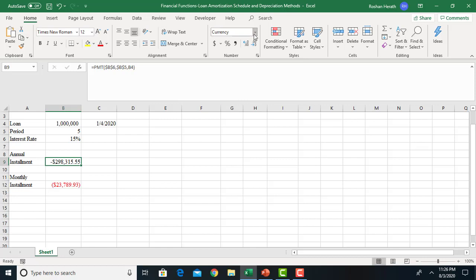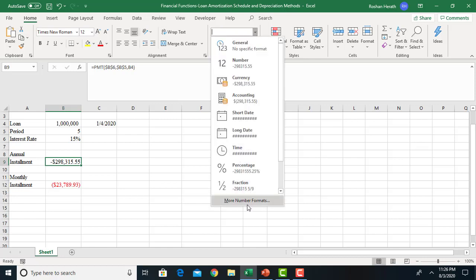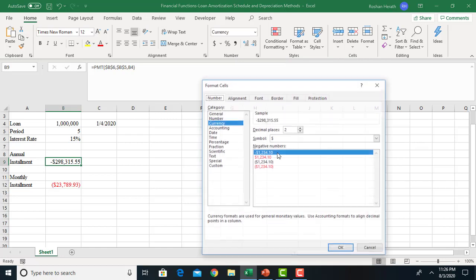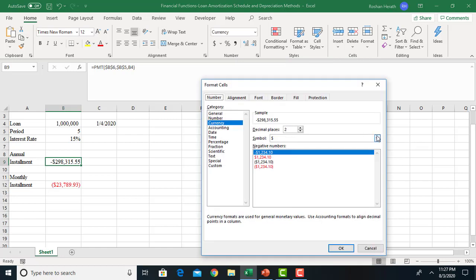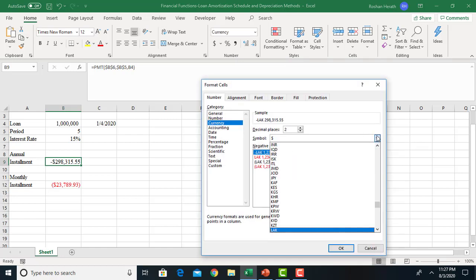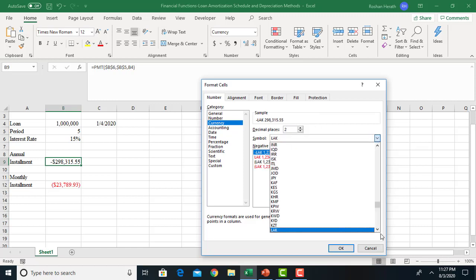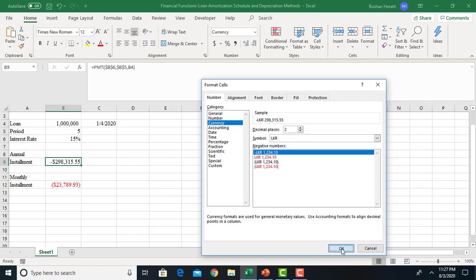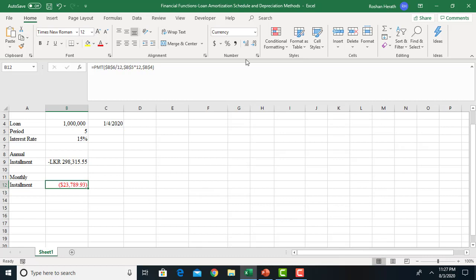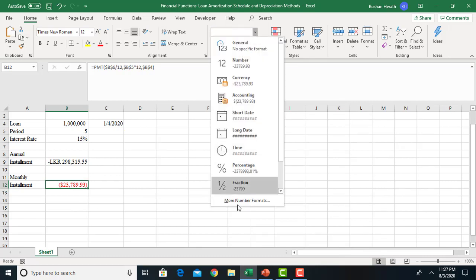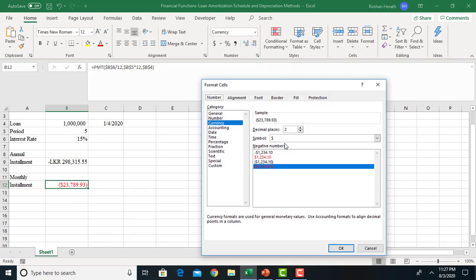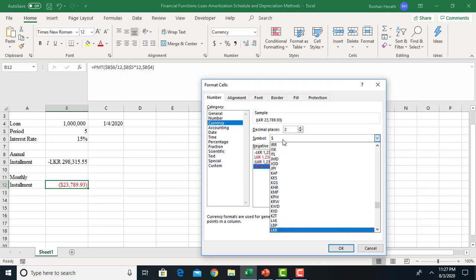If needed, if you want to convert that into local currency, you can make it LKR. You can take that option here, and you can do the same in the more number formats to get the LKR.